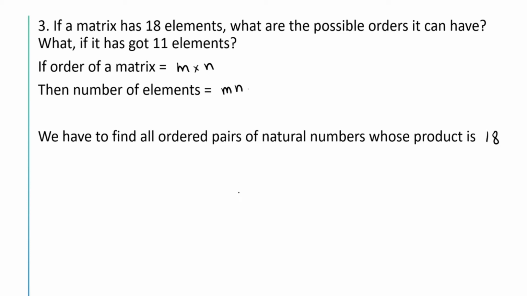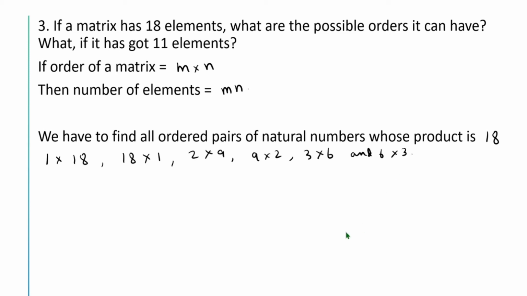So the various pairs of natural numbers whose product is 18 will be, we have 1 into 18, or if we take the matrix also, it is 1 by 18, then 18 by 1, then we have 2 into 9, 9 into 2, then 3 into 6 and 6 into 3.